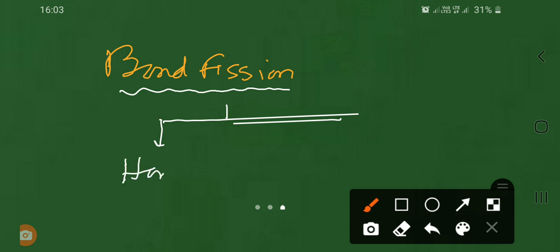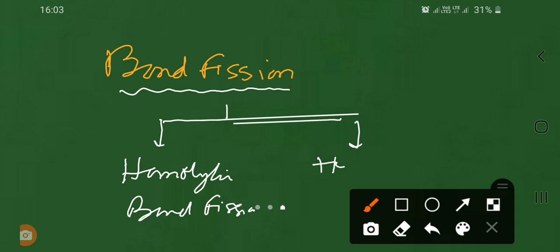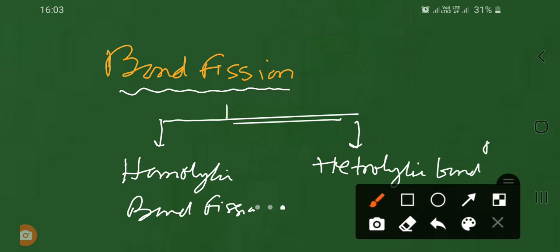The first one is homolytic bond fission, and the second one is heterolytic bond fission.